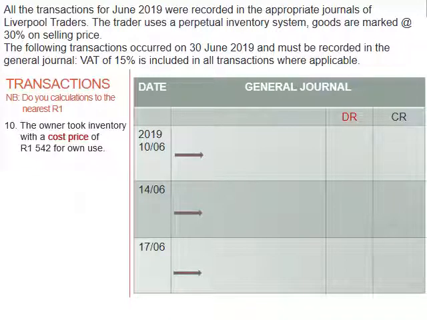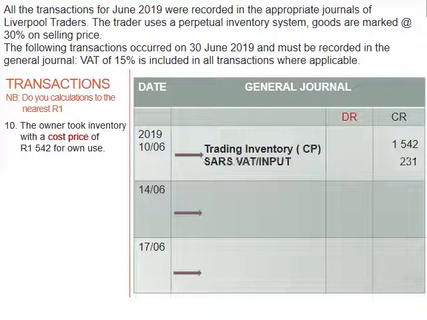Transaction 10. The owner took inventory with a cost price of 1,542 for own use. Inventory account will be credited at cost price 1,542. VAT will be calculated on the amount and credited to the SARS VAT account.